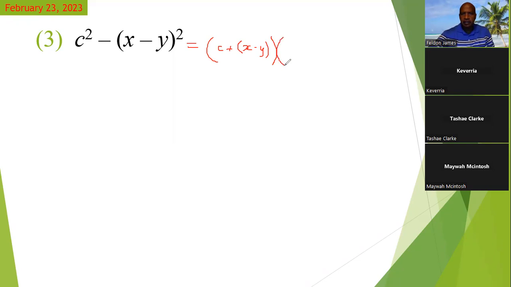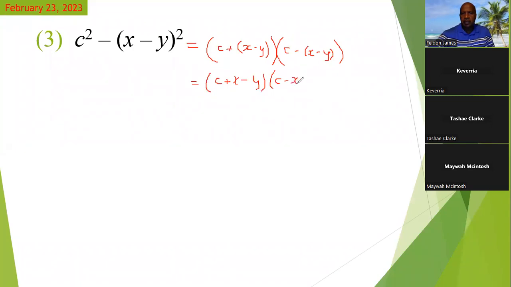And then in another bracket, I have c minus, then another bracket open, x minus y, and then close bracket. So in all, I got c plus x minus y in one bracket, and in the other bracket, I got c minus x minus y.